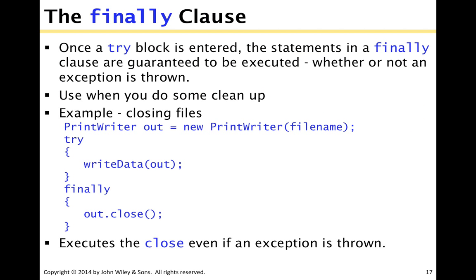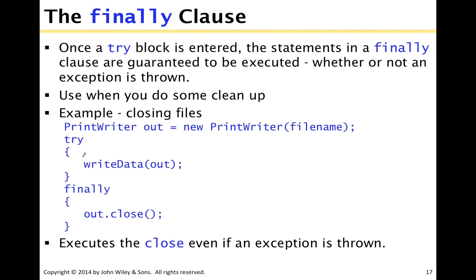So another clause related to exception handling is the finally clause, which is optional though. The finally clause is always executed, guaranteed to be executed. What it means is that if the try block throws an exception, then one of the catch blocks will be invoked. The catch block is not shown here for clarity.